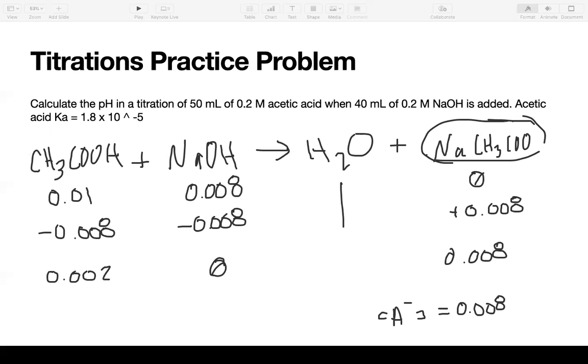NaOH is the limiting reagent. Yes. So we're going to run out of NaOH before we run out of our acetic acid. Why? Because we have a lesser concentration of it. We have a less amount compared to our acetic acid.